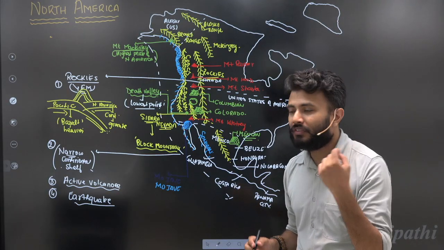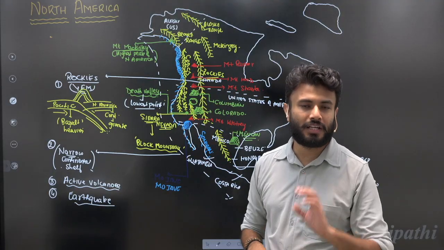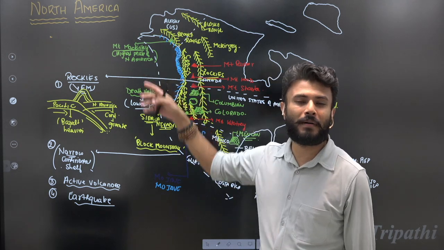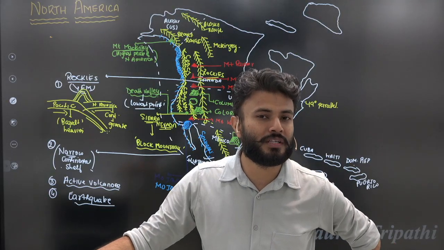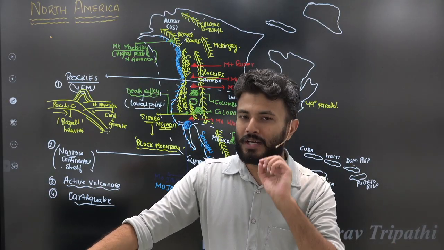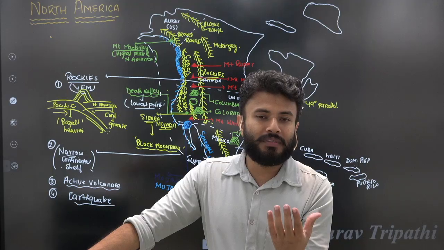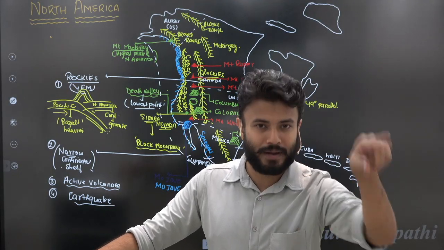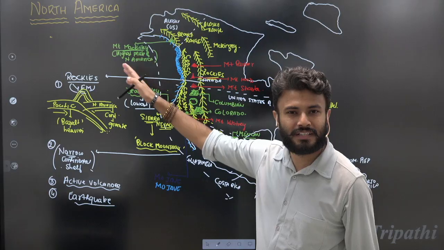Because in this region there are so many active volcanoes and earthquakes, we call this region the circum-Pacific belt also. Now, if you are going through the mains previous year questions, you might remember a question worded as: describe the geophysical features of the circum-Pacific belt.